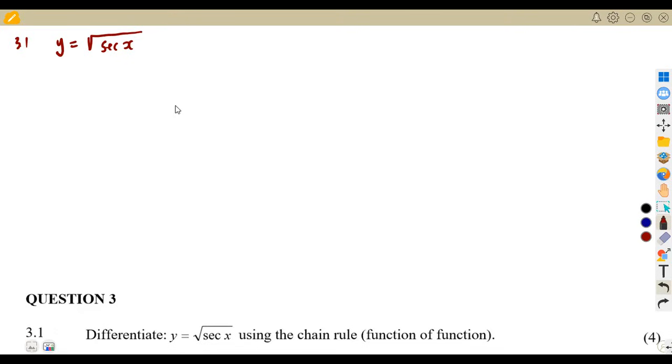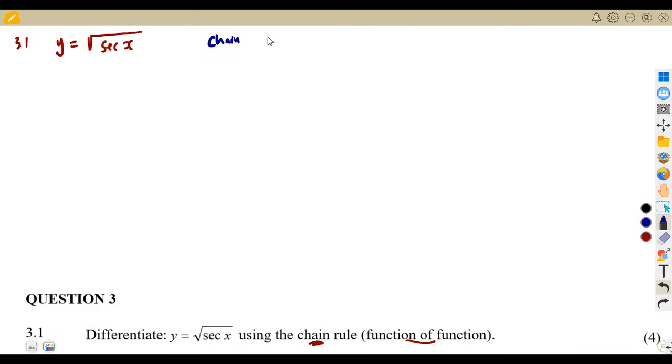We are told the method to apply, which is the chain rule or the function of a function. It's lucky that we are also given this formula in our formula sheet, but you are supposed to know which one exactly you are going to apply for the chain rule.